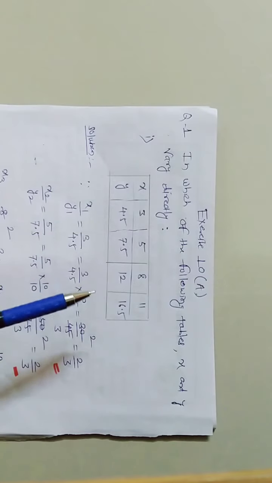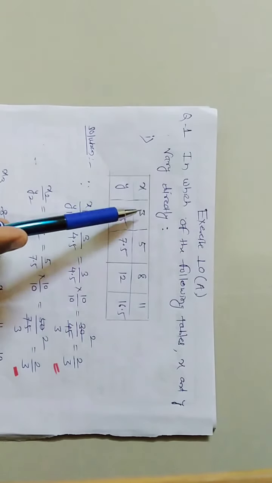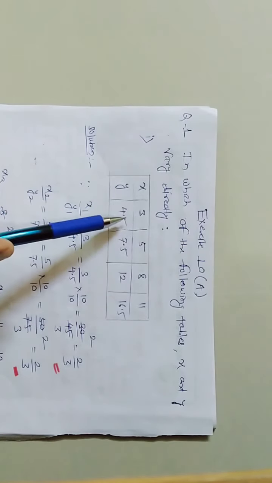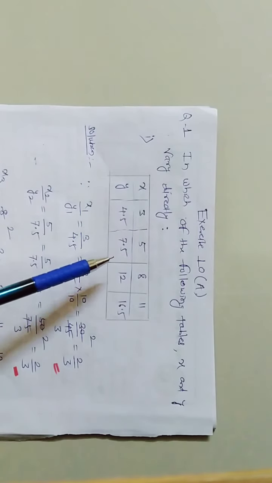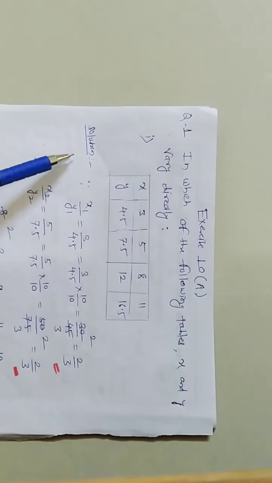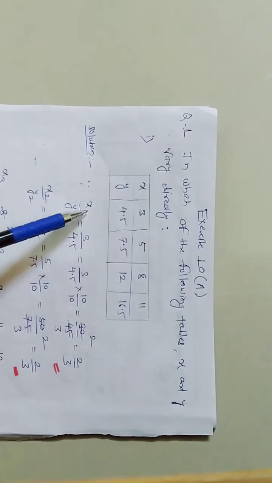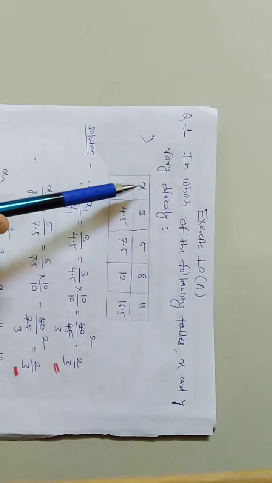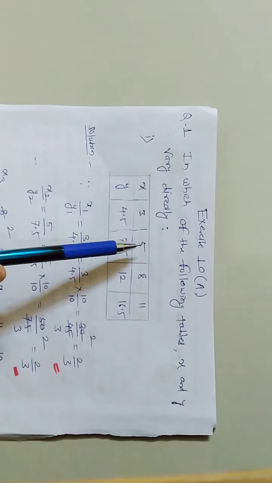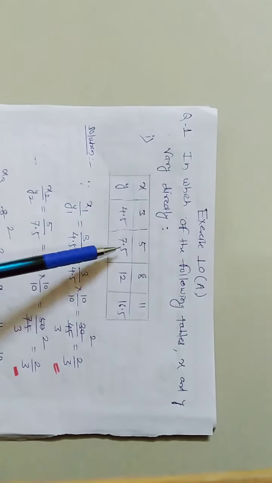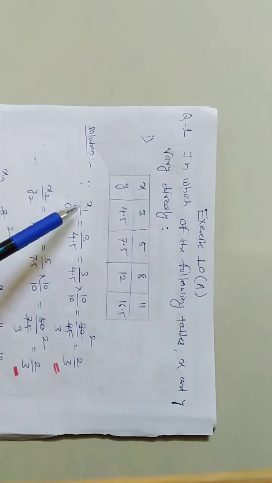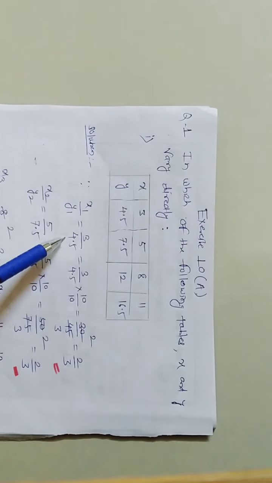So for this, we have to show the ratio of x and y is constant. Now solution, x1 divided by y1. Values of x are x1, x2, x3, x4. Values of y are y1, y2, y3, y4. So the first ratio, x1 divided by y1, is equal to 3 divided by 4.5.